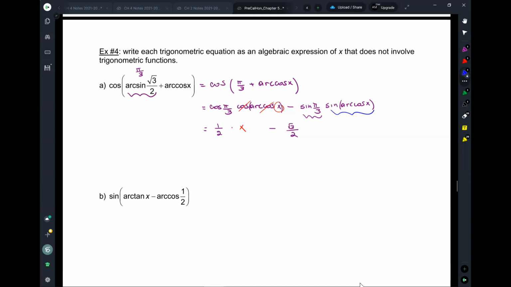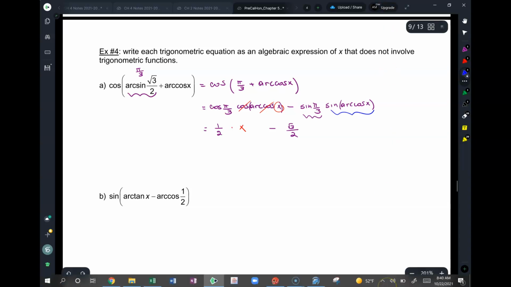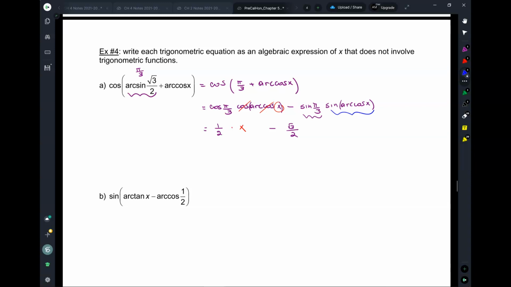For this one, we have to do a little bit of work. Here you have a triangle, the cosine of which is x. This is like what we did in the last lesson of section 6 as well. So you have a triangle with an angle in here, the cosine of it is x.